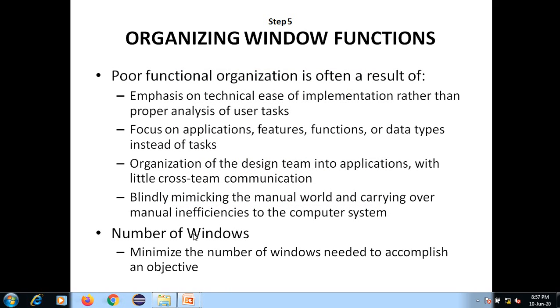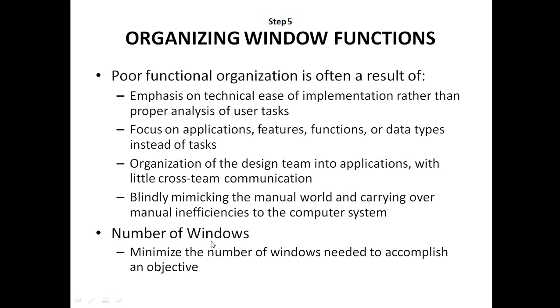The next one is the number of windows. The objective here is to minimize the number of windows needed to accomplish a task. People most of the time perform multiple tasks at a time, and for that your system must provide multiple windows. A person does not work with a window simply for the joy of working.